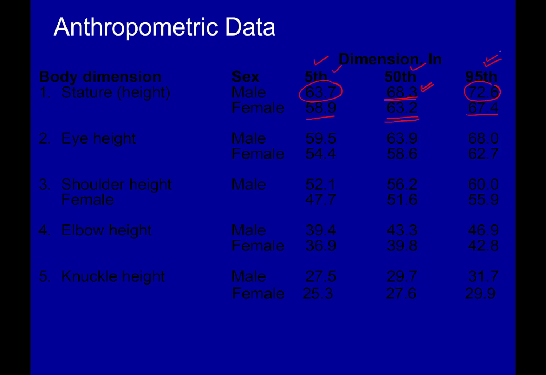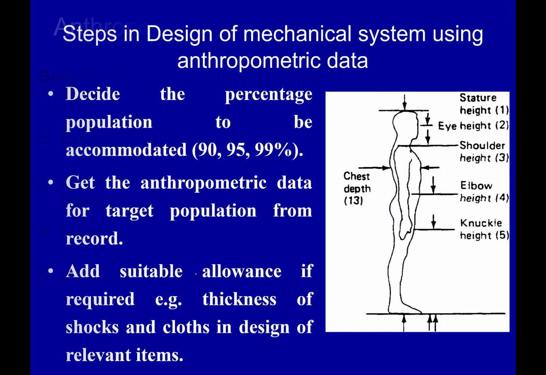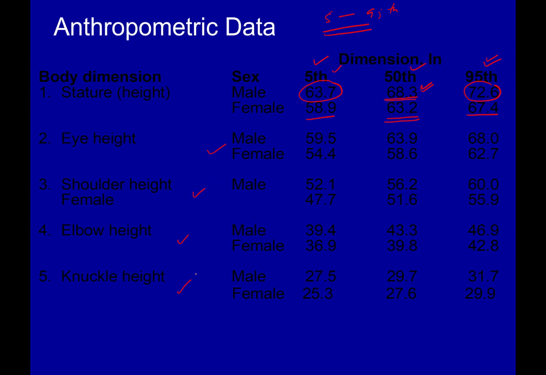This is the most commonly used percentile range, where the 5th to 95th percentile of the anthropometric data is used. Similarly for eye height, shoulder height, elbow height, knuckle height, the suitable data is collected from the record, and then it is used.